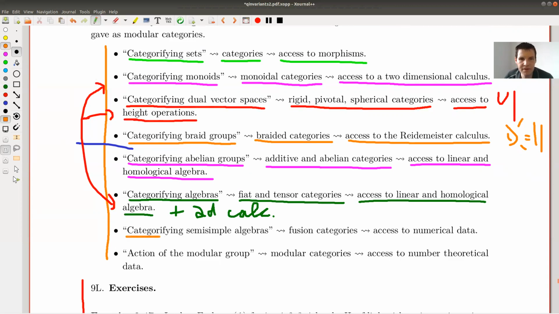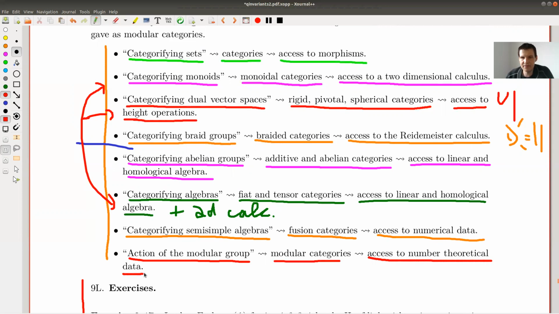If I wanted to categorify semisimple algebras, I got the notion of fusion categories, and fusion categories had nice numerics. Remember that we had Schur's lemma and matrix categories, and there were a lot of Frobenius-Perron calculations and so on. The last thing that I explained is the action of the modular group, which gives you those modular categories, and it connects to number theoretical data, because it's Möbius transformations, and Möbius transformations turn up in number theory.